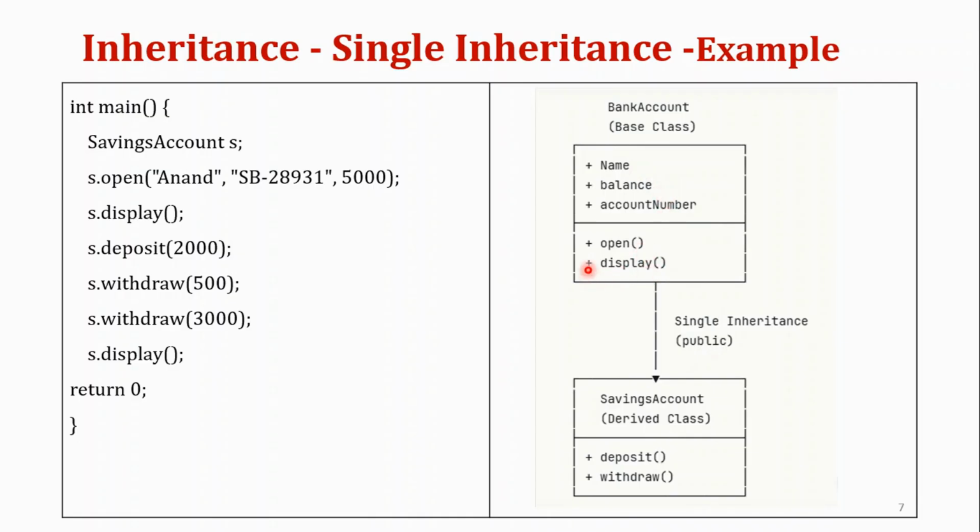The plus represents public mode, so all are public. The derived class is SavingsAccount. I'm inheriting BankAccount in public mode, so that all the member data and member functions of the base class are available in the derived class, inherited to the derived class. That is the diagram and the outline.